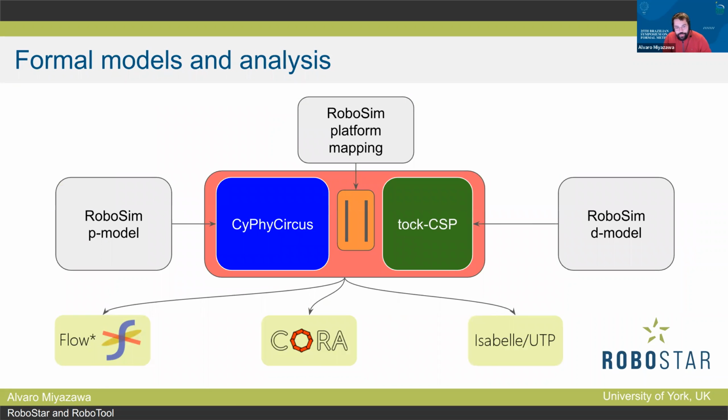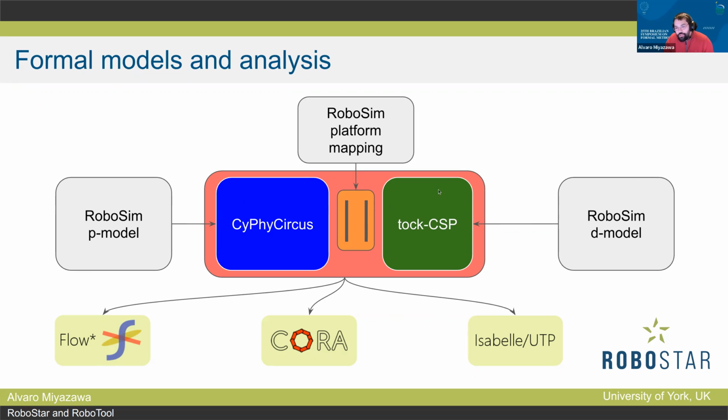A second direction of the work that we're doing is on analyzing these models that we have created. There's more information on the case study page, but the work that has been done so far by a colleague of mine in New York is to take the model of the SRanger, use our semantics and our code generators to produce a tock-CSP semantics of the D model and a Circus semantics of the P model.